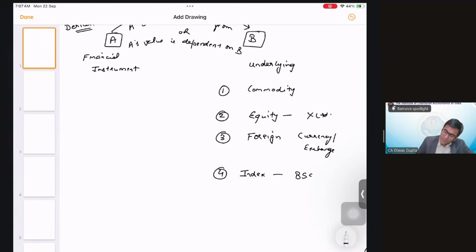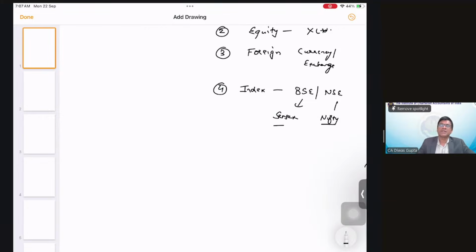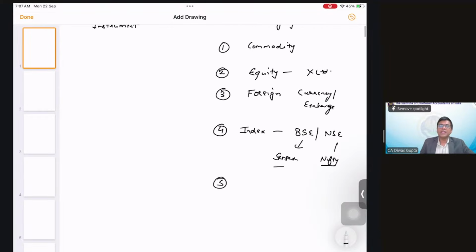So Bombay Stock Exchange and National Stock Exchange, for this we have Sensex, for this we have Nifty, right? So there can be an index. Another important one: all these are financial underlyings, wherein there is some or the other financial part related.